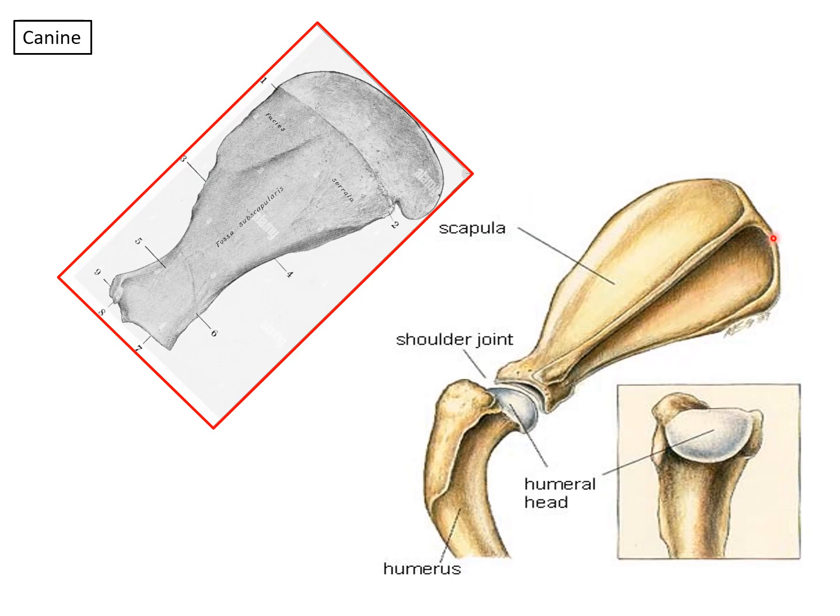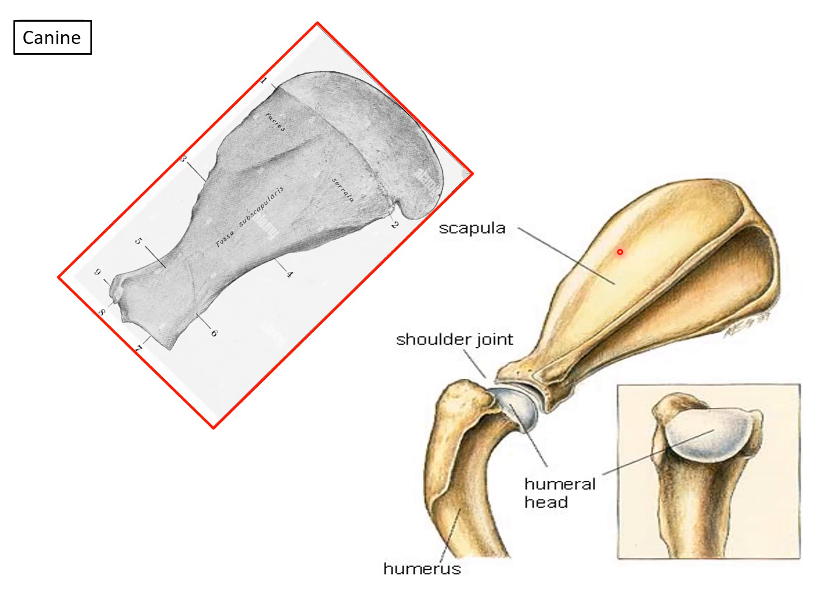On the lateral surface of the scapula, the surface is divided unequally into two parts by the spine of the scapula. This is the spine of the scapula. This spine divides the lateral surface into two.